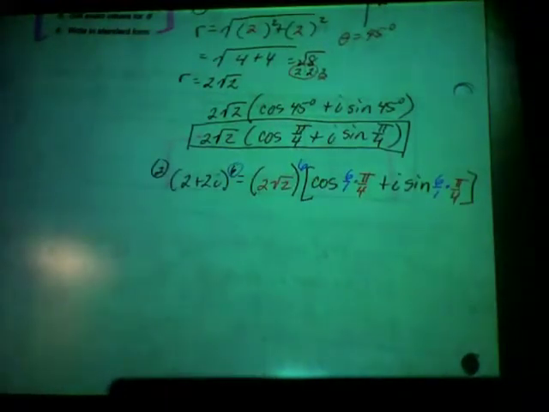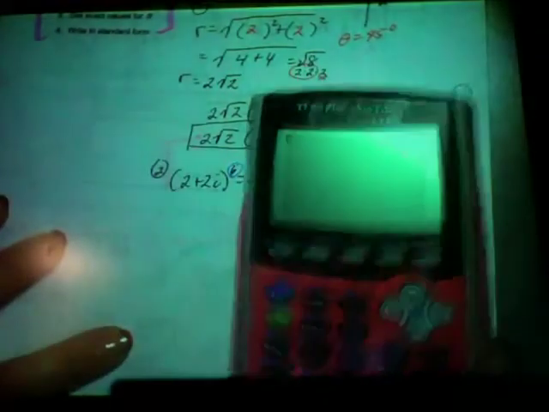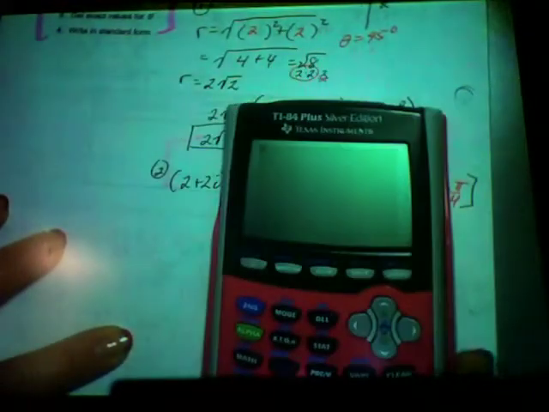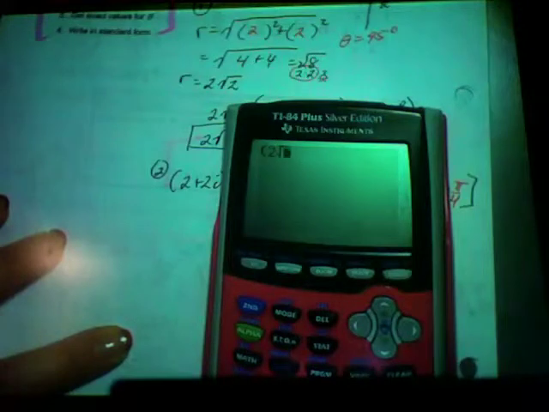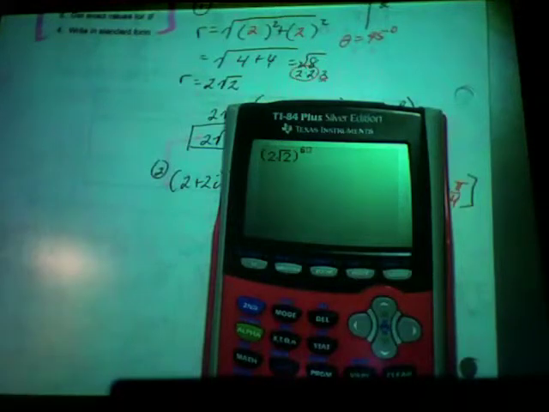Then it might be handy, although you could do it without the calculator, but for ease's sake today, we're going to use the handy dandy calculator. We're going to take parentheses 2 radical 2 parentheses caret to the 6th power. Yay, I got a nice happy number. It doesn't always turn out to get rid of the radical, but here it did.